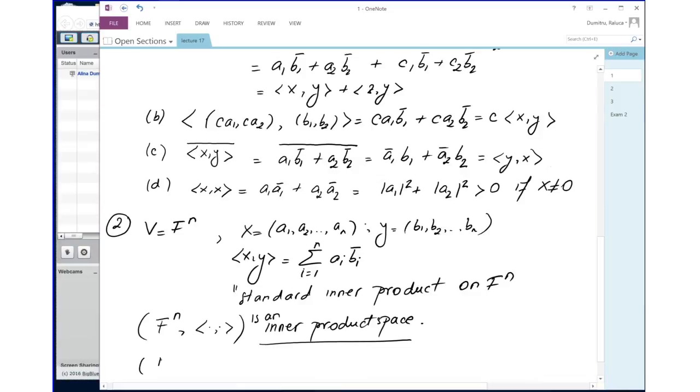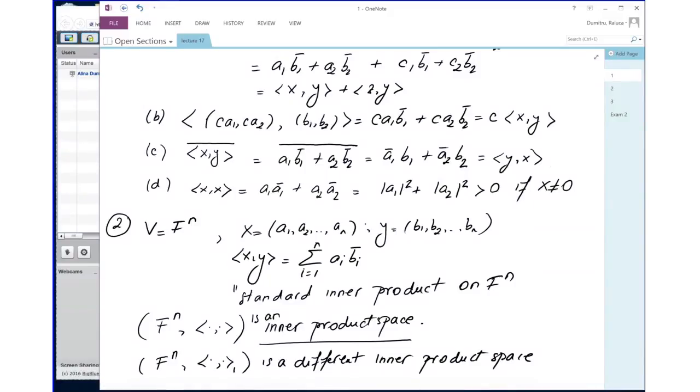So if somehow I come up with another inner product, let's call it sub 1, then this would be a different inner product space than the one above. You have to specify, or you have to be given the inner product in order to make sure you understand what's going on here.